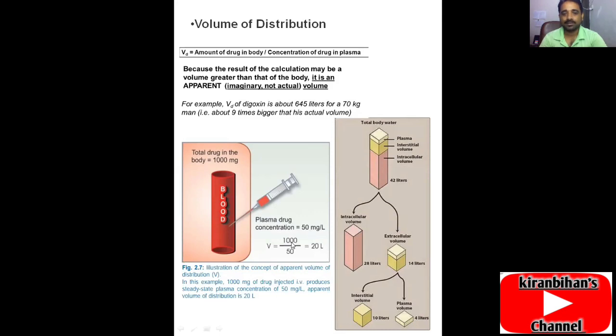So if 1000 is divided by 50, the answer is 20 liters. So the drug has a 20-liter volume of distribution.